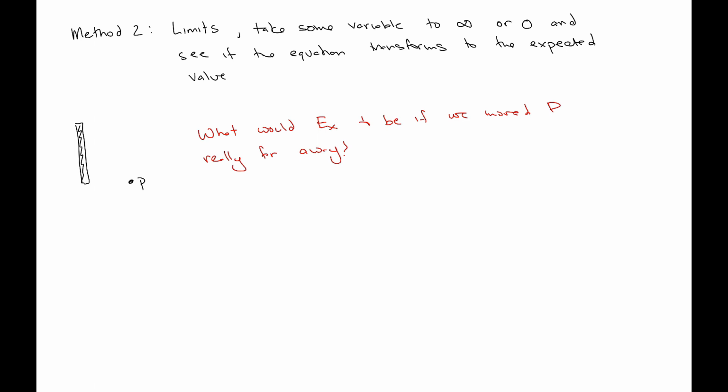If we said that x, which is this position, is much, much greater than L, then our rod should start looking like a point charge. So the rod should look more like a point charge.